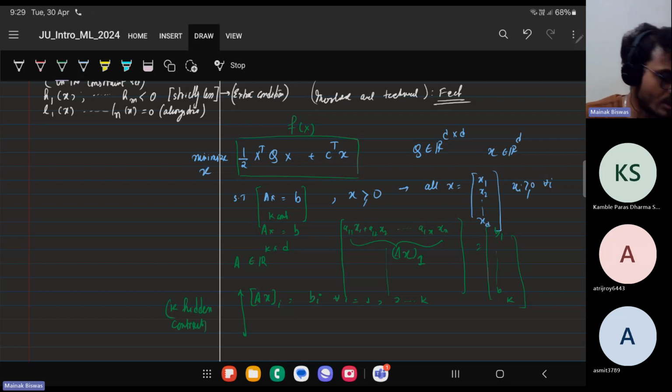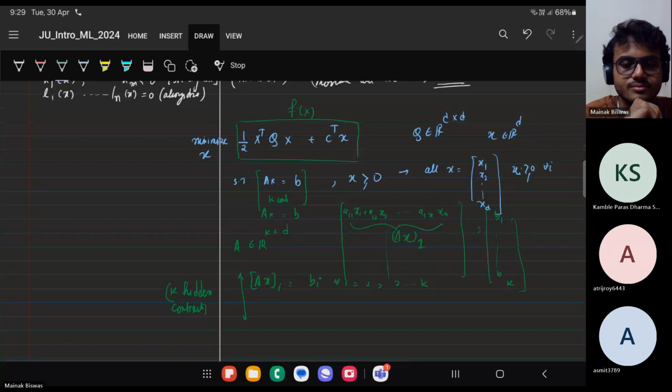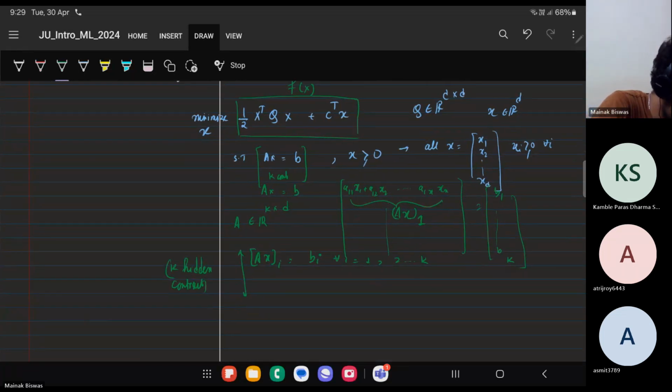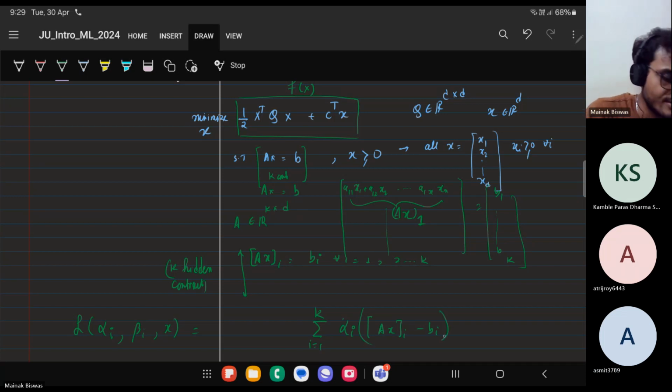Now can you tell me what will be the actual Lagrangian? Summation from 1 to K, like K constraints, alpha i into AXi minus Bi. I'll write Bi minus AXi for a simple reason. We'll see, it'll just make it cleaner. Plus half X transpose QX plus C transpose X.